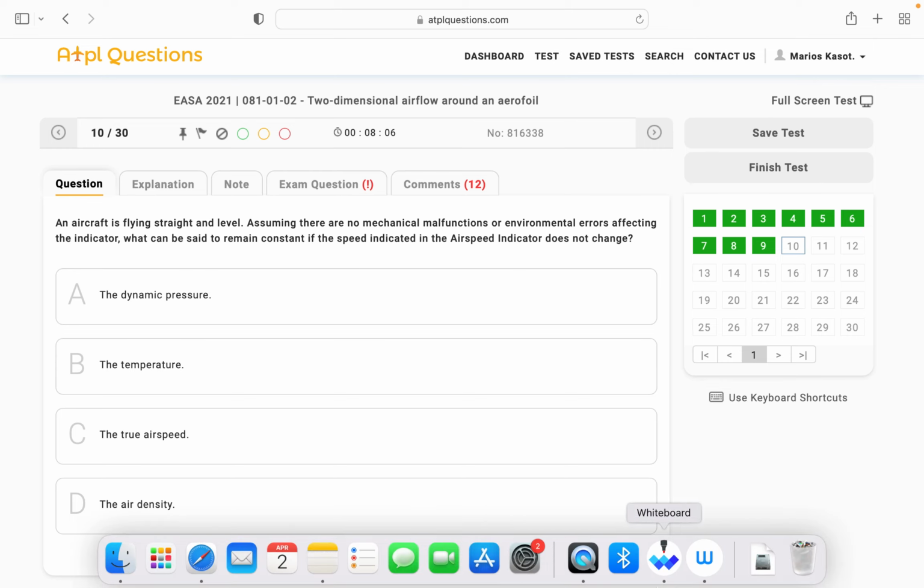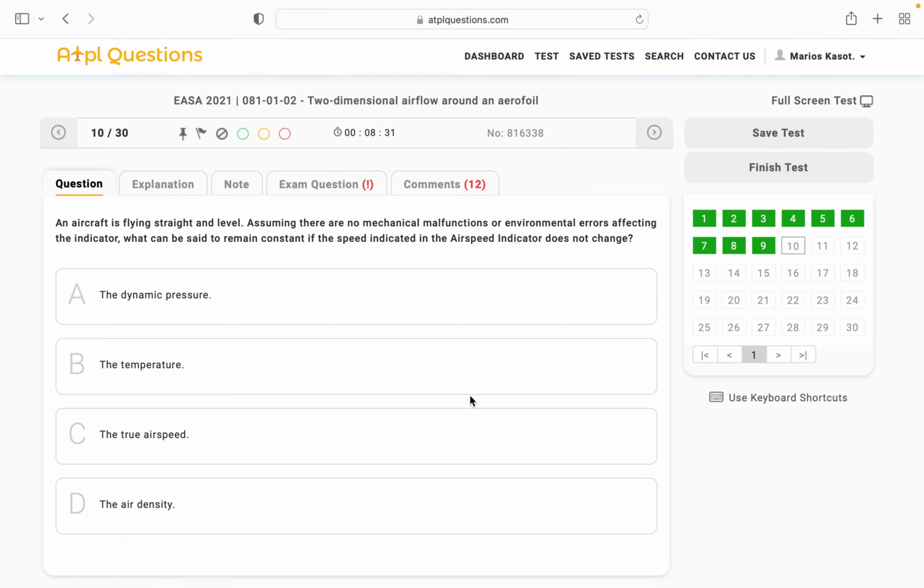In our aircraft, we have the airspeed indicator instrument, which receives dynamic pressure from the instrument called the pitot. Pitot measures dynamic pressure. This is how we get our airspeed. So the correct answer here is dynamic pressure.